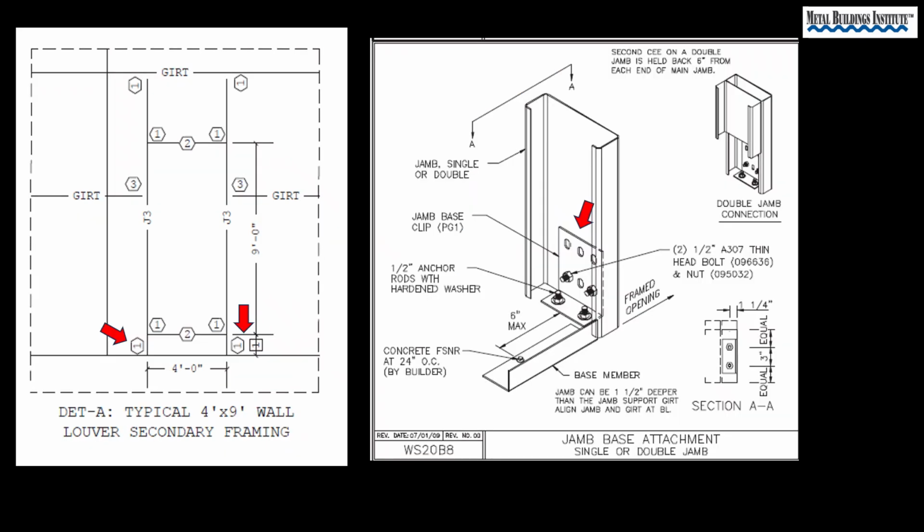For the clips, you also need fasteners. As we see here, these clips that attach to the concrete, you will need bolts to go in the channel, and you will also need to drill in epoxy 1/2-inch rods.